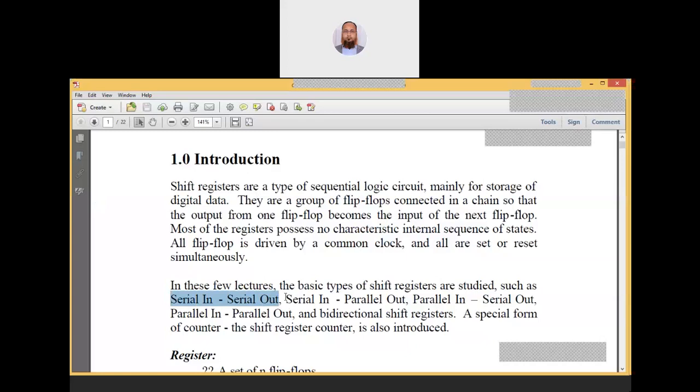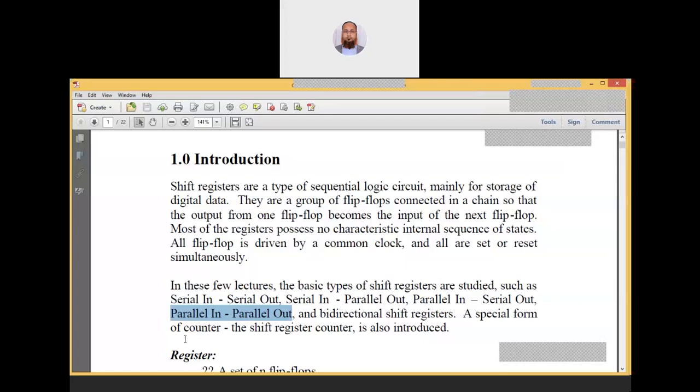It will change in a serial manner. Then there can be serial in and parallel out. Then another option is parallel in and serial out. Then parallel in and parallel out. So all these combinations are possible. And a bidirectional shift register means we can transfer data from both sides.